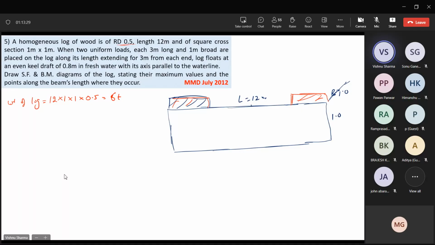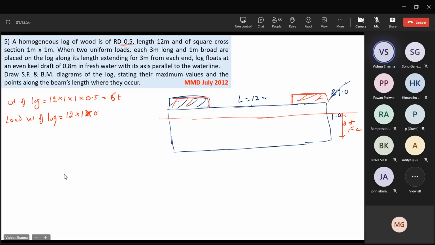Okay. And then we can find out at 0.8 in freshwater draft, the load displacement of the log. It will be the length of the log, underwater volume 12 into 1 into 0.8.